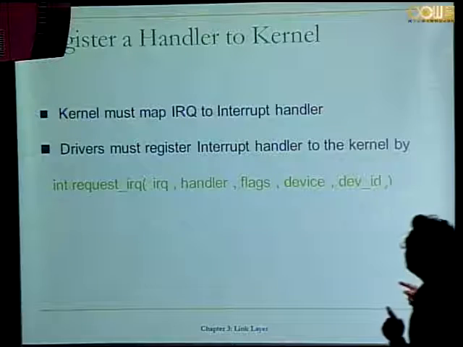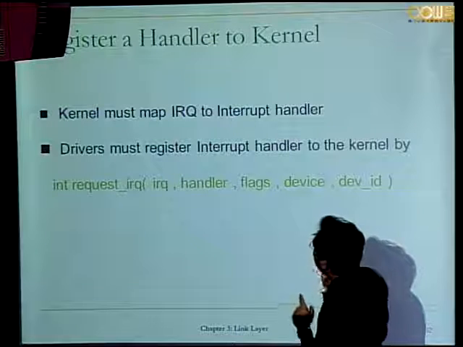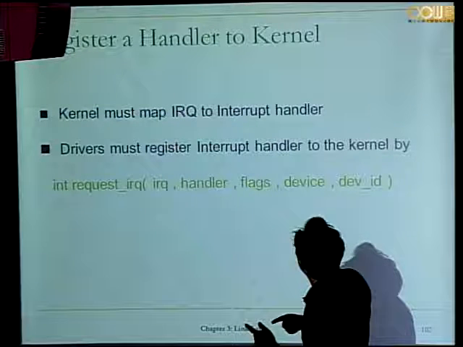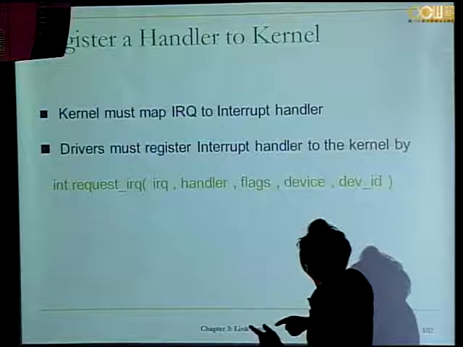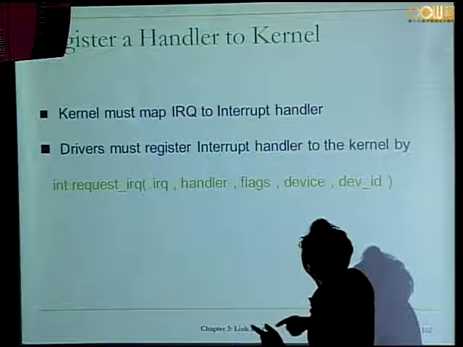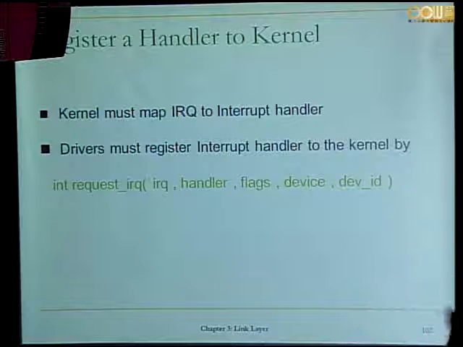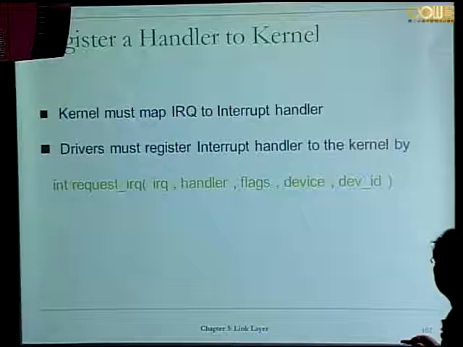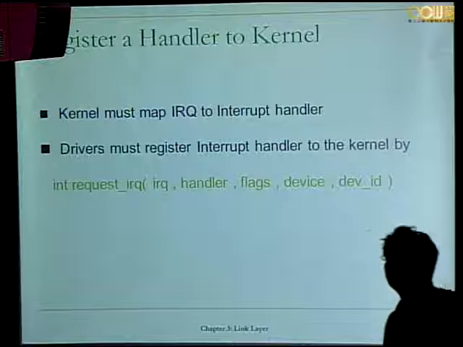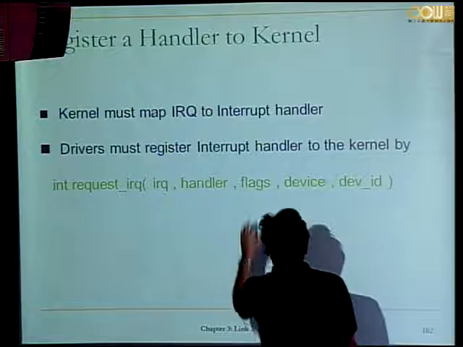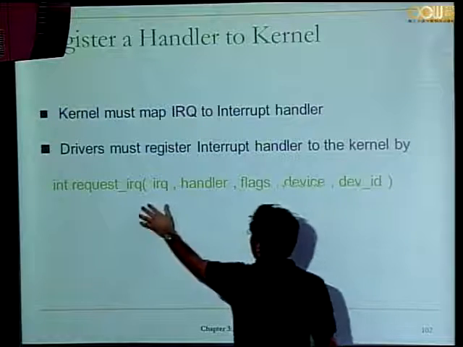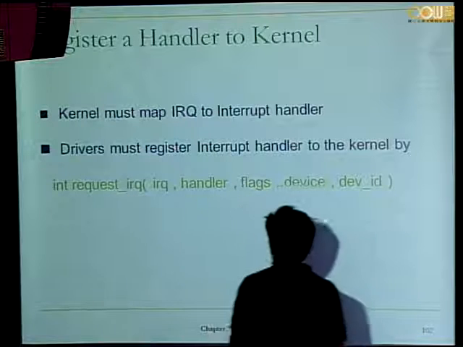And for your handler to register to the kernel, so that the kernel will be able to map the IRQ number to a particular interrupt handler, you also need to register your interrupt handler to the kernel by this function. So you request IRQ.